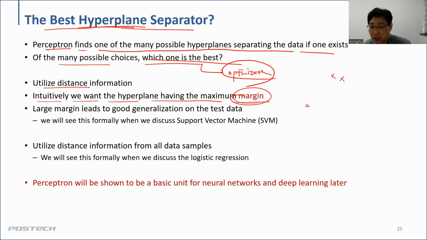If we have data with these margins, we want to maximize them. That means I want to put the hyperplane in the middle. Maximizing the margin and putting the hyperplane in the middle are talking about the same thing. So we will see this when we discuss SVM.